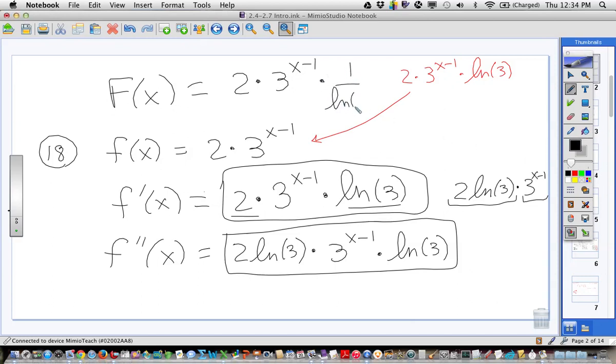There must have been a 1 over ln3, because remember, that's just a number. So it would have just been hanging out just like the 2. So there must have been a 1 over ln3 hanging out there, so that when I put on this ln3, let me put that 1 over ln3 there. Now when I put on that ln3 that the derivative rule tells me to do, it would have canceled. And so that's how you come up with that.